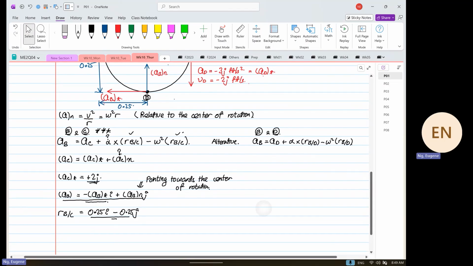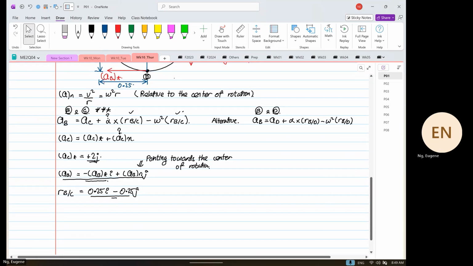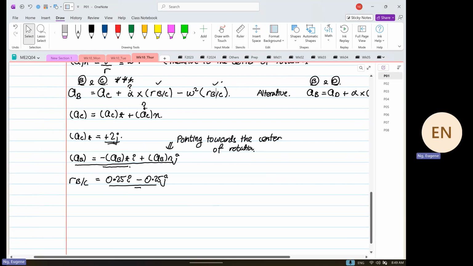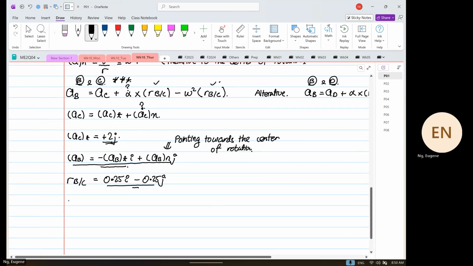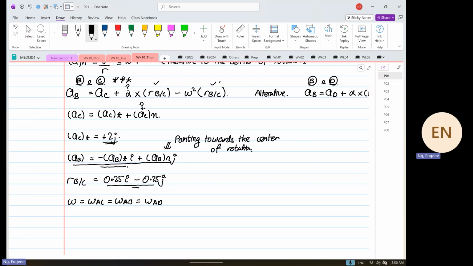Next, we have to determine our omega. We know that omega is equal to omega_AC, which is also equal to omega_AB, which is also equal to omega_AD, and this is because points A, B, C, and D are on a rigid body.